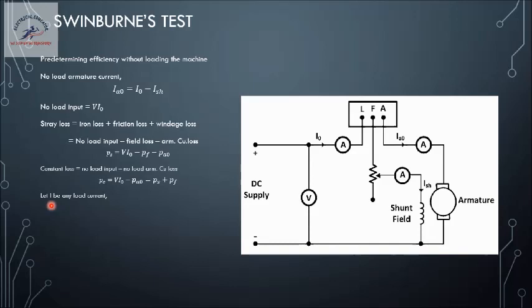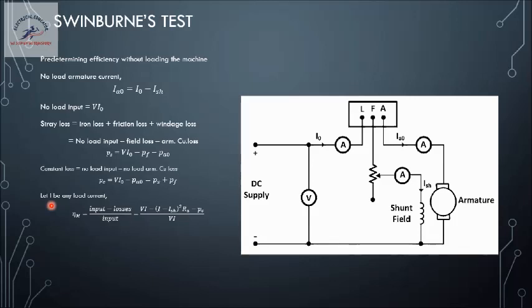Then the efficiency of this DC machine when it is working as a motor is given by output by input. Output is given by input minus losses, so input minus losses divided by input. Here the current is not I naught, it is some I, anywhere between 0 and the full load rated value of the machine.